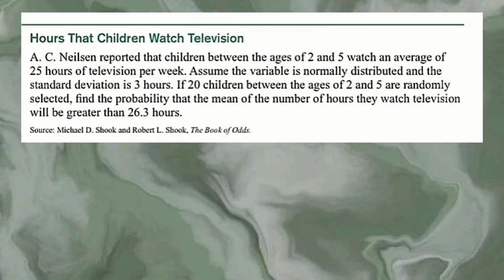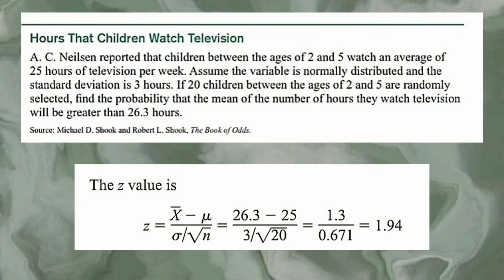Now, let us find its z-value using the formula z equals x bar minus mu over sigma divided by square root of n. By substituting the given in the problem, it will be 26.3 minus 25 over 3 divided by square root of 20, which is equal to 1.94.